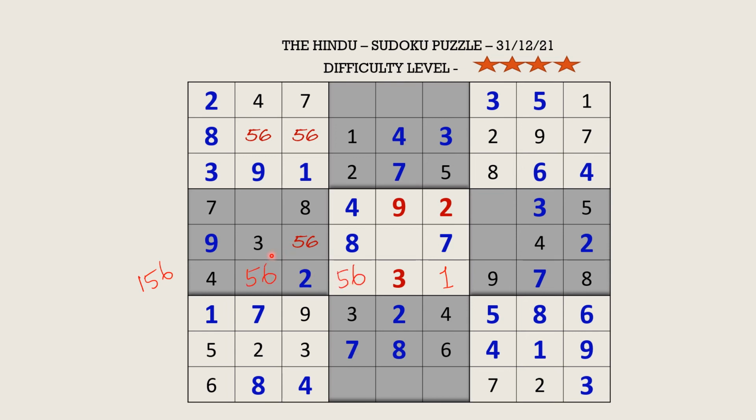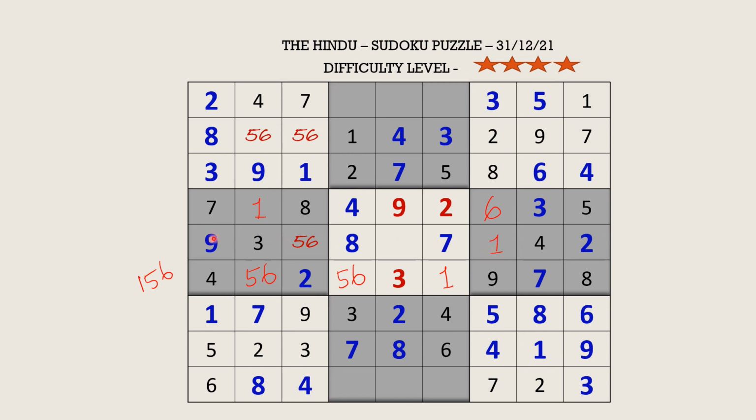Now in this entire block, there's only one missing number. The missing number is 1. So in this row, the missing number is 6. And this entire block, the missing number is 1.